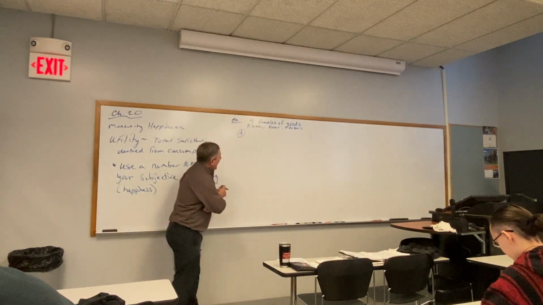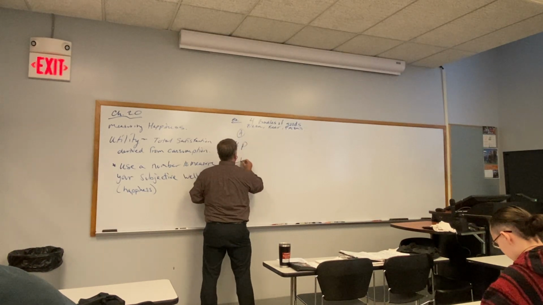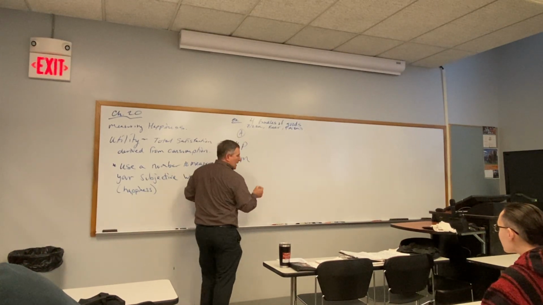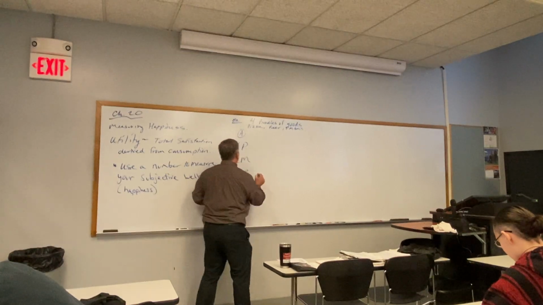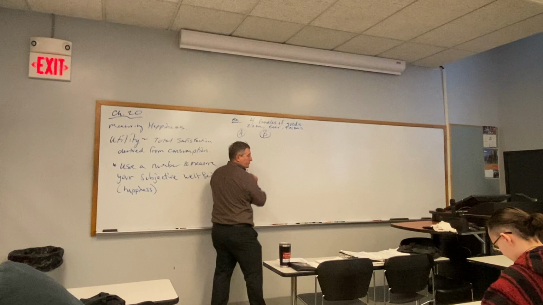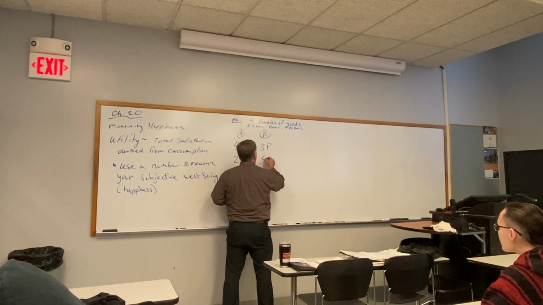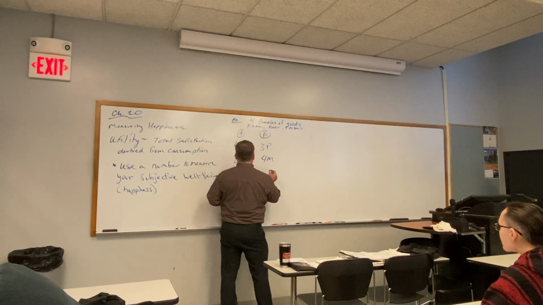And so bundle A is going to have 4 pizzas, 2 M&Ms, and 5 beers. Bundle B is going to have 3 pizzas, 4 M&Ms, and 7 beers.